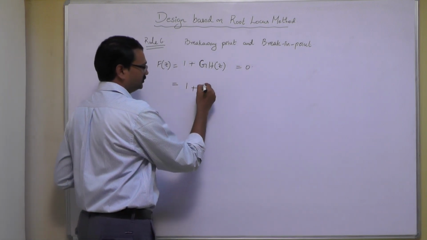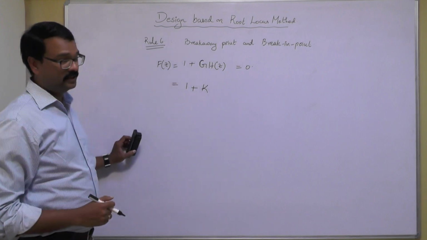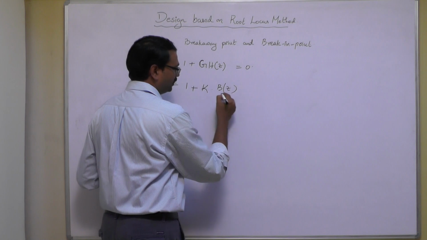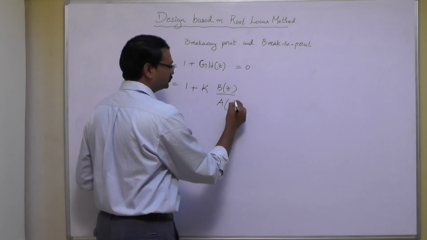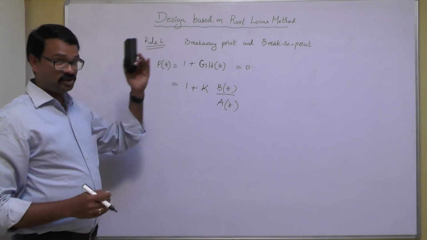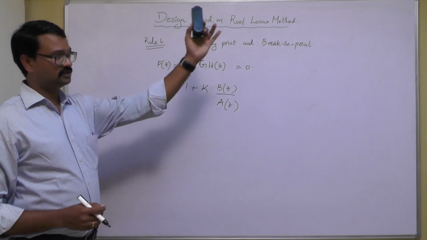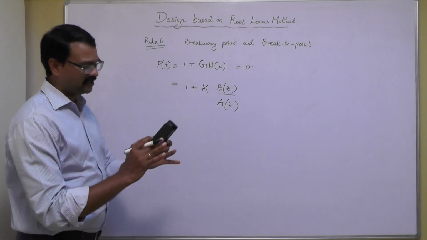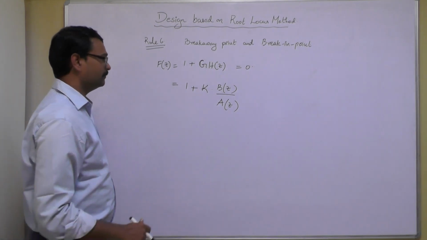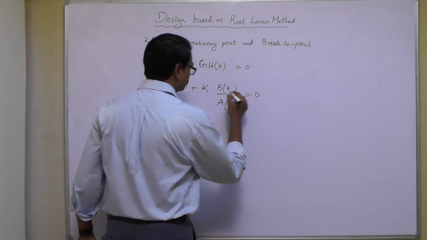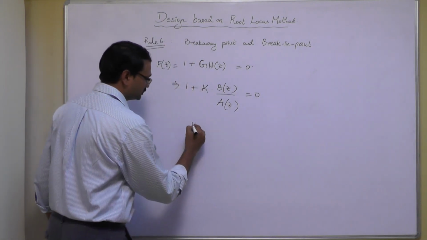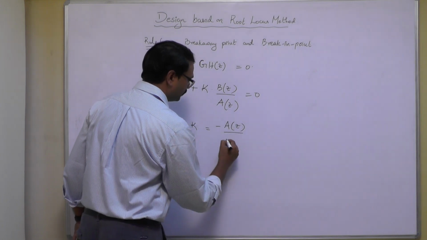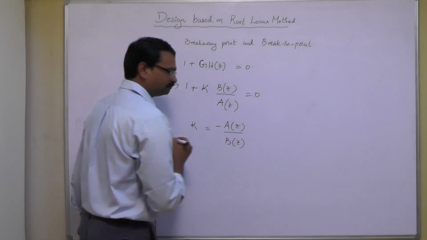Let me say we have k into some function b of z by a of z, the zeros z plus z1, z plus z2, up to z plus zm, by the poles z plus p1, z plus p2, up to z plus pm, which I have represented as b of z by a of z. When I equate this to 0, what is this k that we get? Minus a of z by b of z.